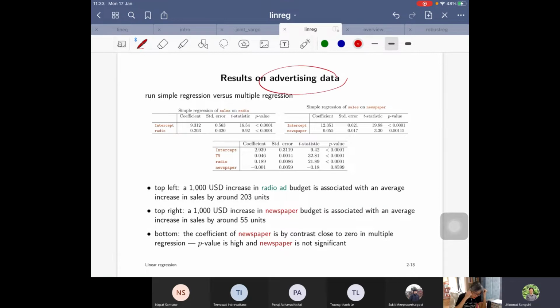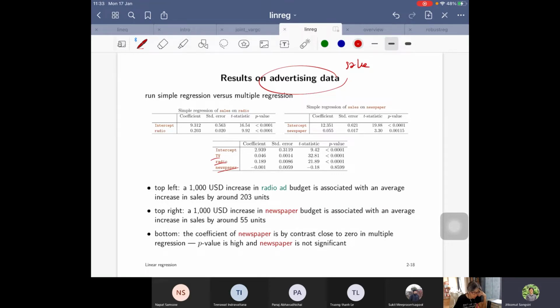Recall the advertising data. Remember that we have sales and we have 3 channels of spending, the advertising budget: TV, radio, and newspaper. On the top row, I run the regression on one variable.